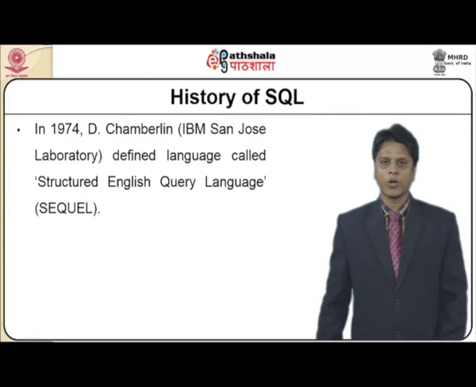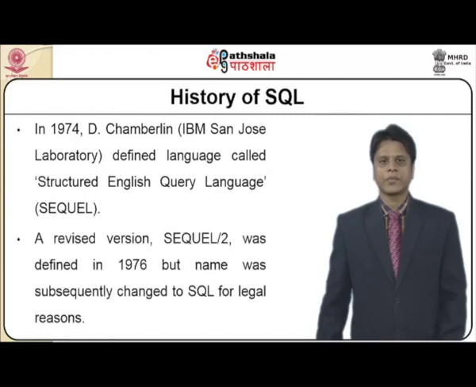This has an expansion of Structured English Query Language, and at a later point a revised version, version 2, was defined in 1976, but the name was subsequently changed to SQL instead of SEQUEL.